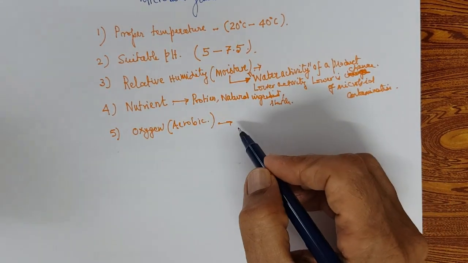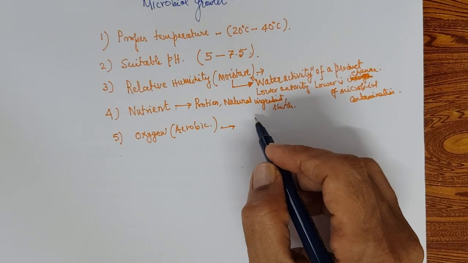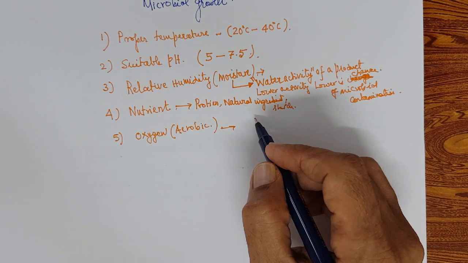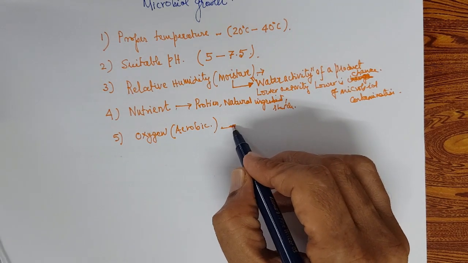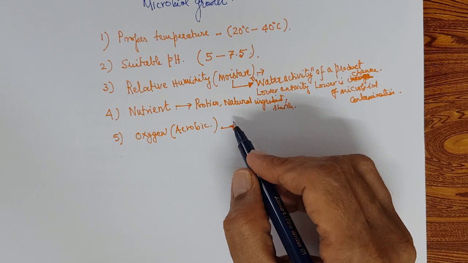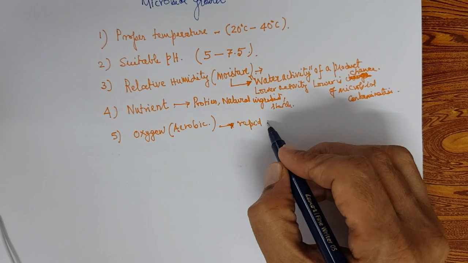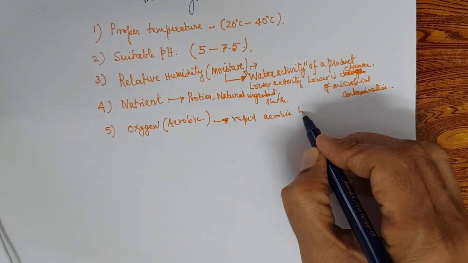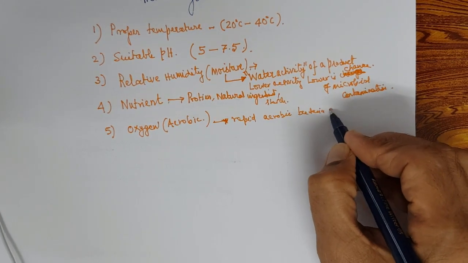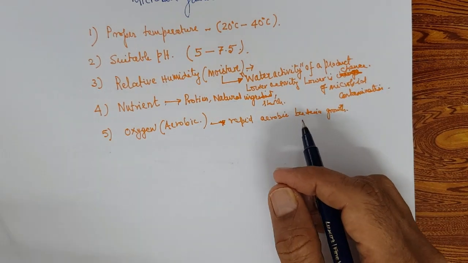Oxygen: if the product is not properly closed by the consumer, or if the product is aerated, there is a chance of that, and if all the other conditions are right, there will be rapid aerobic bacteria growth.